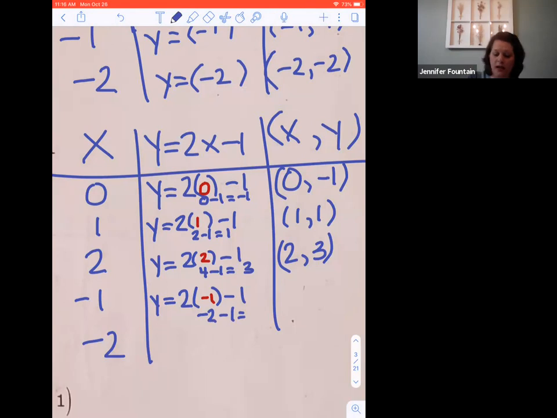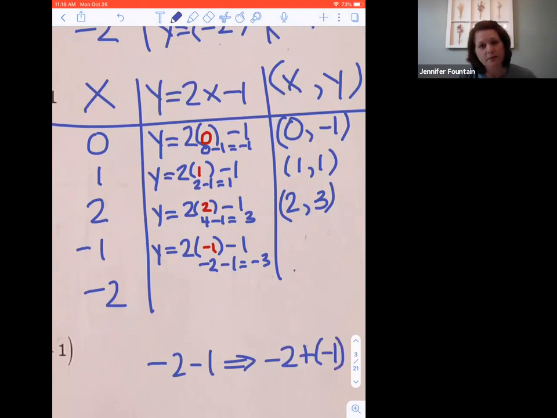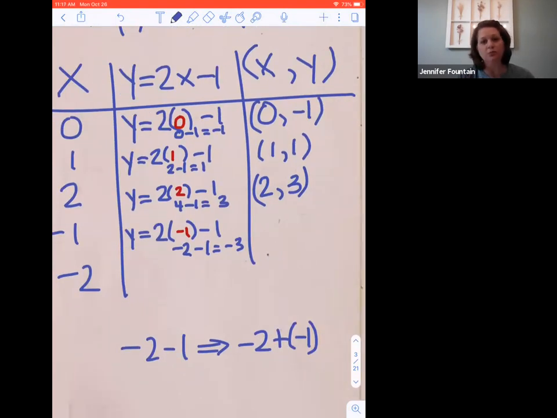How much do I owe her now? $3. I start with a negative and take something away. I end up with a larger negative. Remember that -2 minus 1 is the same as -2 plus a -1. So if you need to rewrite it like that, to where you change your subtraction to addition to help you, do whatever you've got to do to help you with your negative numbers.